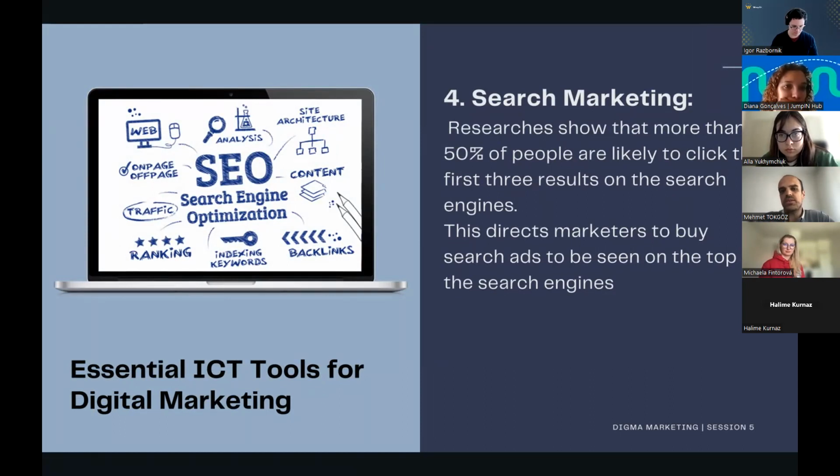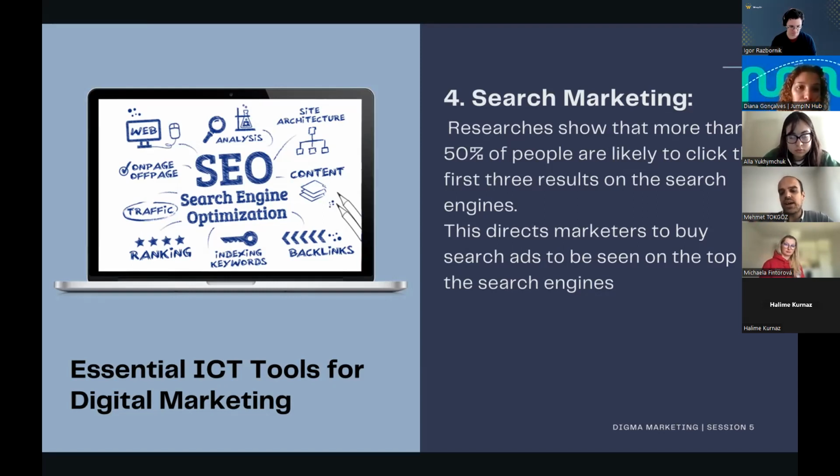in the website. According to researchers, half of the people click the first three results when they are searching for some product or something. So this directs marketers to buy search advertisements to be seen at the top of the search engine. When you search for some product, you see at the very top that those who pay the search engines have their results at the very top.